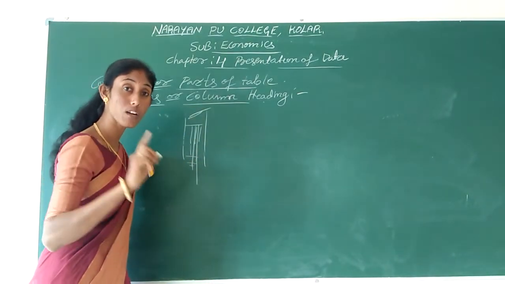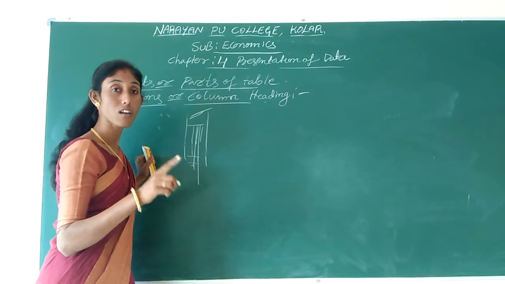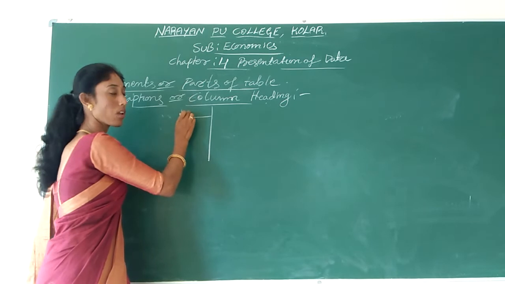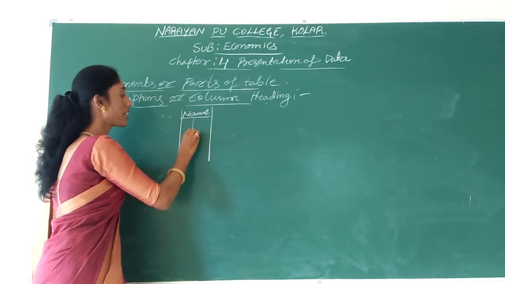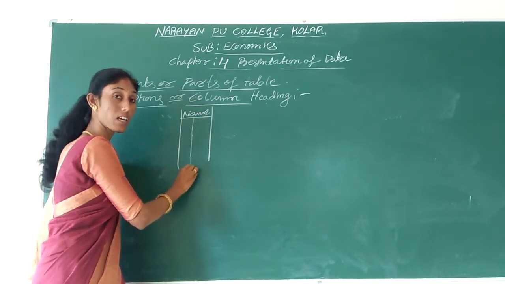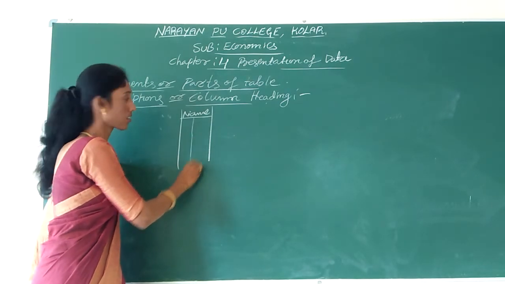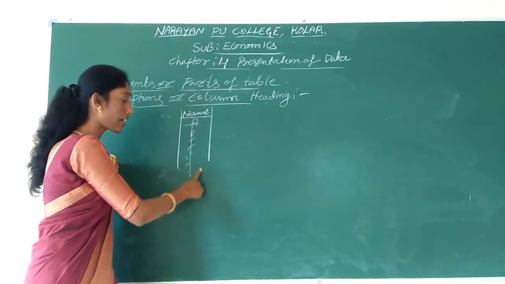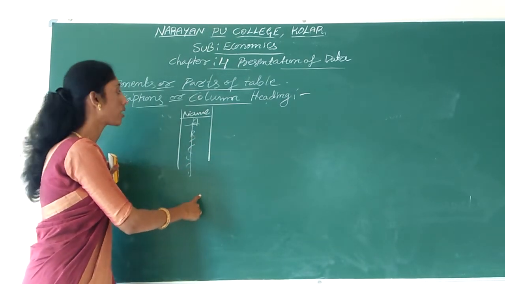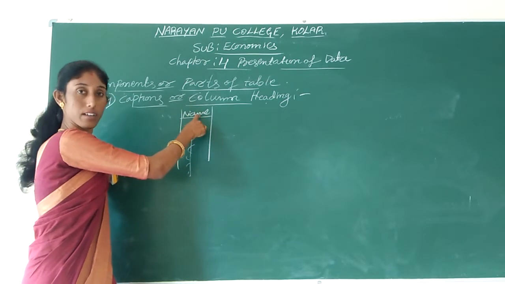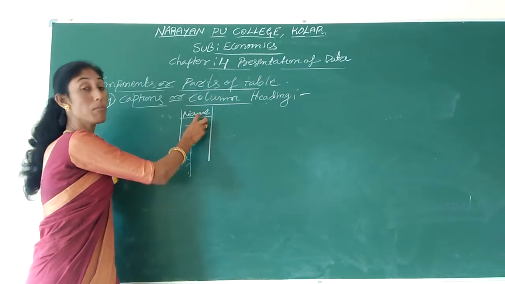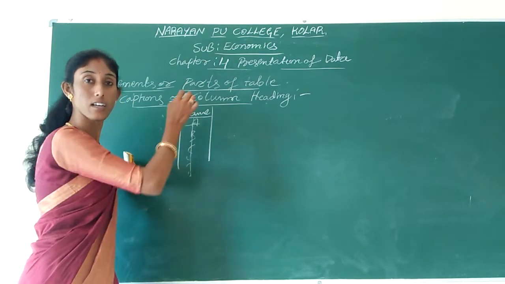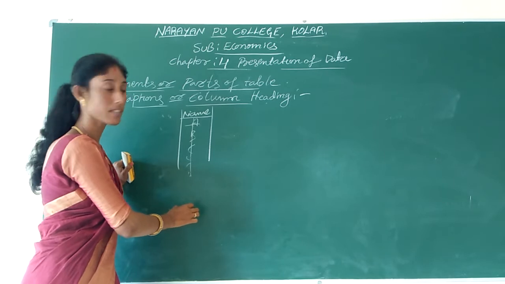For example, if we write the column heading as name, then the entire column is representing the names of persons, A, B, C. Whatever the entire column is presenting will be mentioned in the column heading. The column heading explains the features of an entire column. Got it?